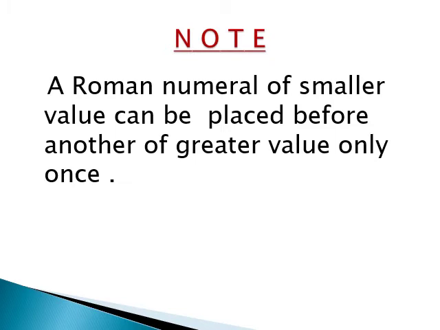That means, if you take the Roman number IV, now I is a Roman numeral of a smaller value and V is a Roman numeral of a greater value. So IV is actually 4.